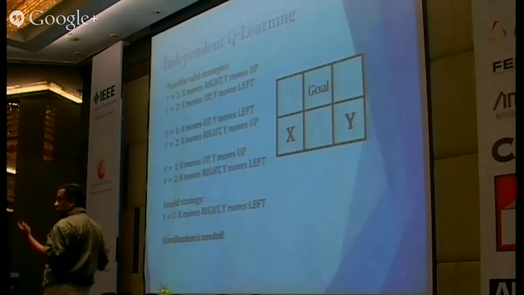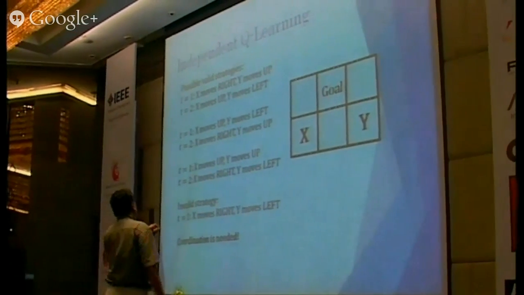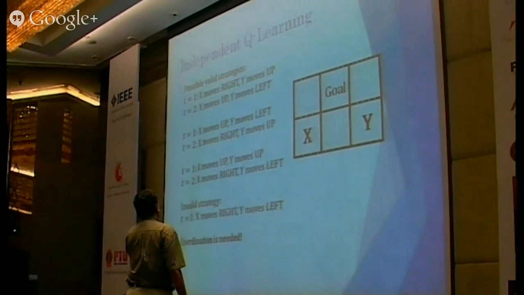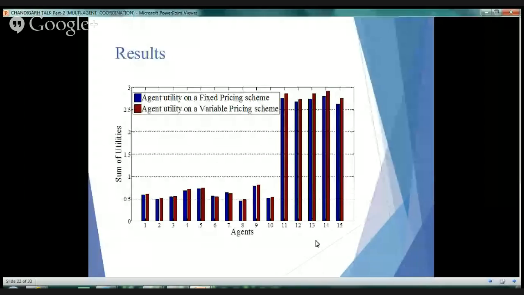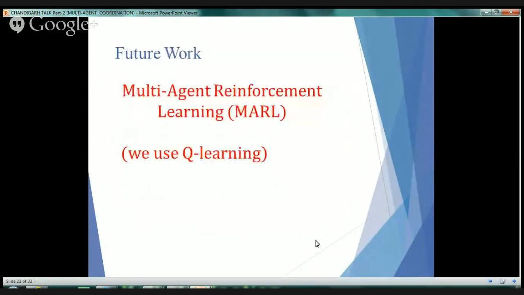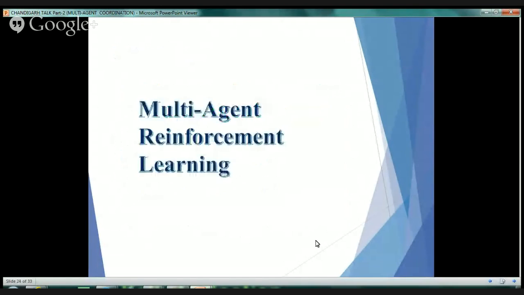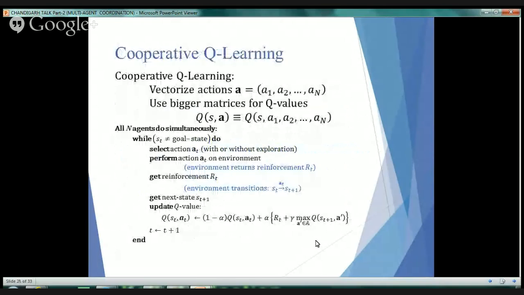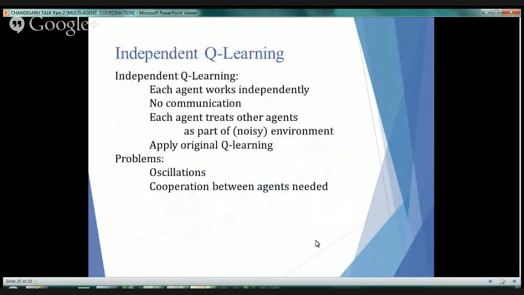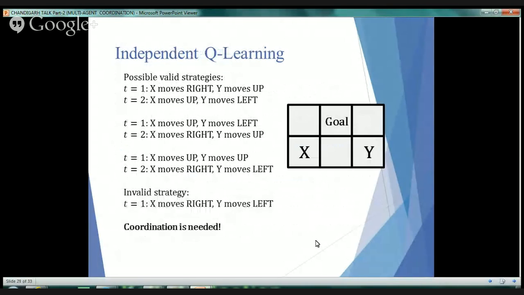That is one possible way to do things here. So this guy takes this trajectory, this Y can take this trajectory. Alternately, this X can go this way, and this Y can go this way. That's another approach. Or they can both go top, and then this person goes left, this goes right, and together reach the goal state.